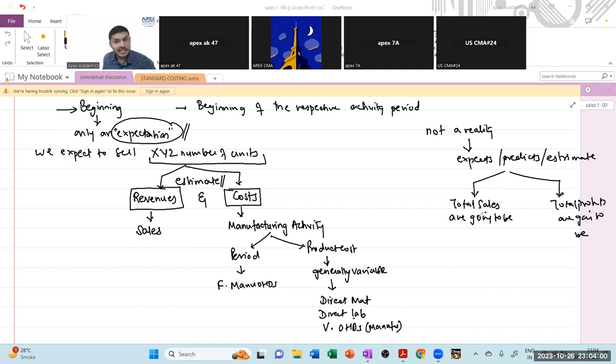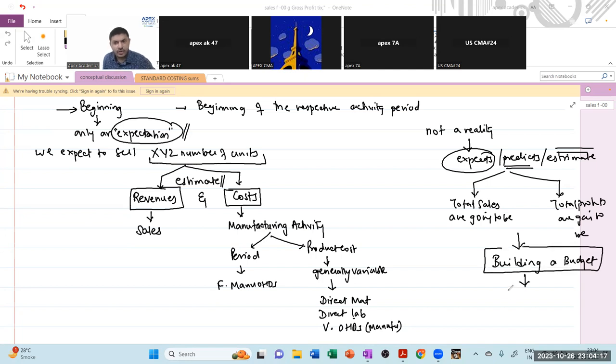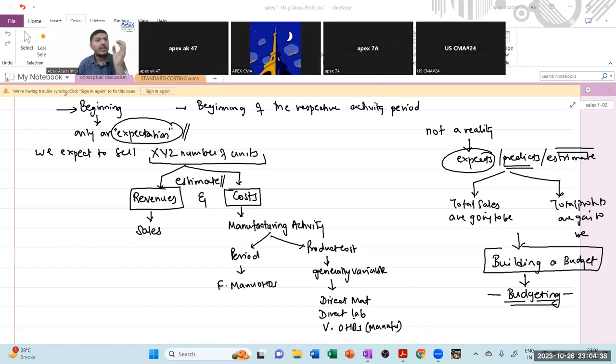The process of setting this expectation, making this prediction or estimate, is called building a budget. And this process is known as budgeting. So essentially, what the management does at the beginning of the period is an activity called budgeting.